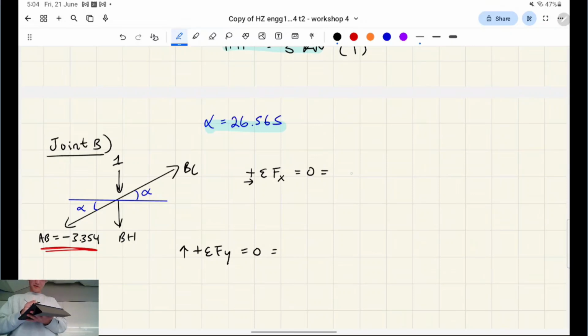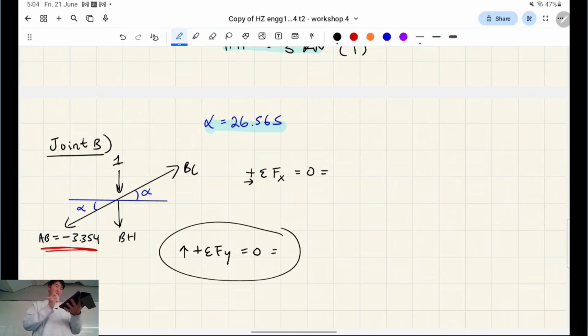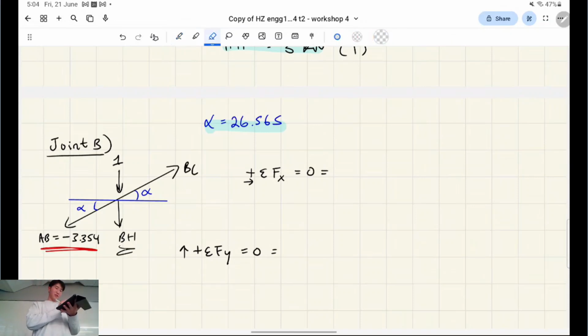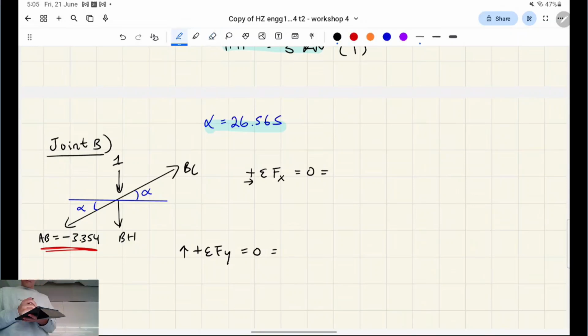Okay, so we take the sum of the forces in the x direction this time. Again, you make that logical decision based on how many unknowns there are. So if we took the y this time, you'll find that you have 2 unknowns. But if you take the x, you'll only have this one unknown. So cosine this angle, right?